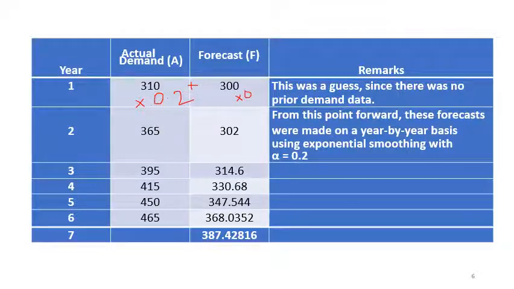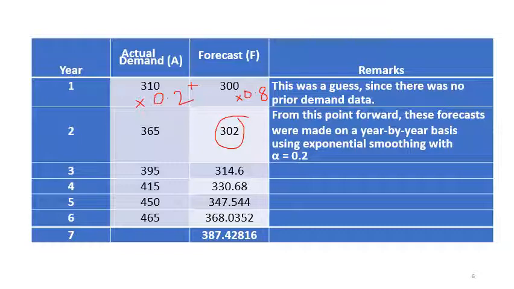How did you get 0.8? It is 1 minus the exponential smoothing constant. So 310 into 0.2 gives you 62. 300 into 0.8 gives you 240. So 62 plus 240 is 302. That's how you have got this.